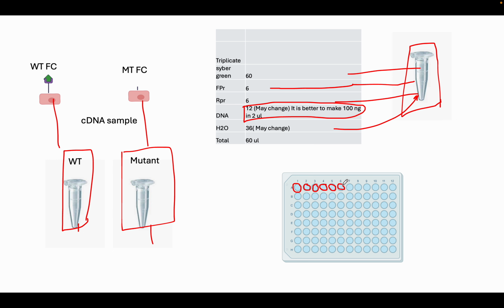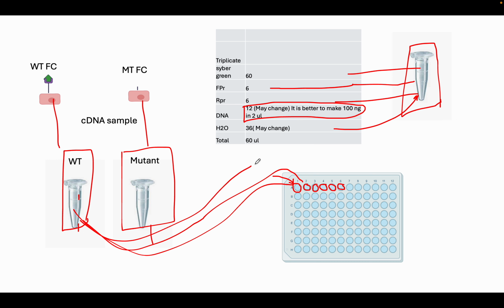After that, from this sample, I will put 2 microliter of cDNA here, and then another 2 microliter here, another 2 microliter here. That 2 microliter may have like 500 nanogram of complementary DNA.